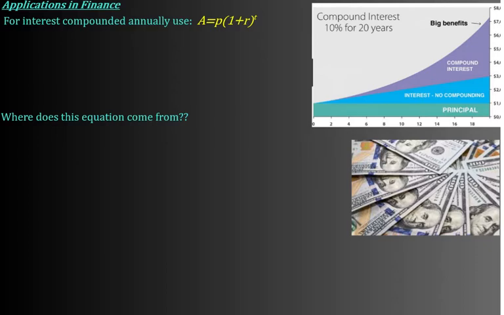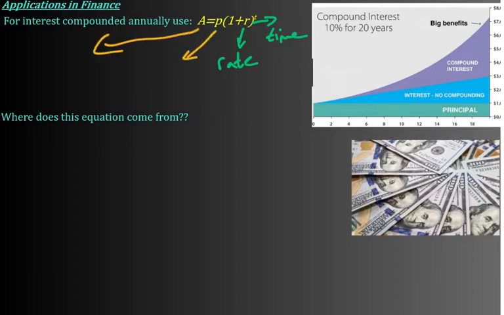The first one I want to show you is right here: A equals P times (1 plus r) to the t. Some of these letters might be intuitive. I bet a lot of you would correctly think that r is rate and t is time. P and A are not probably as clear.